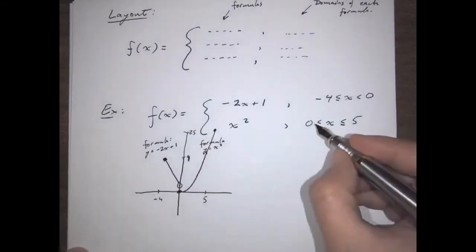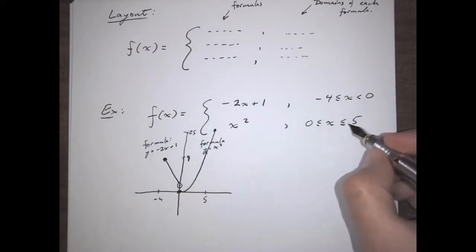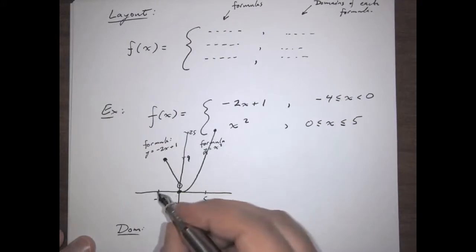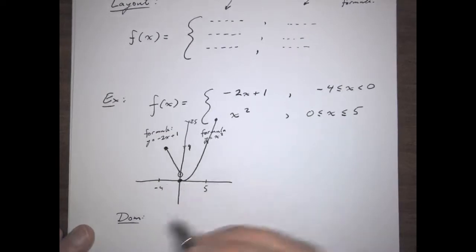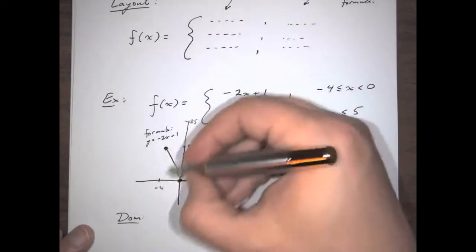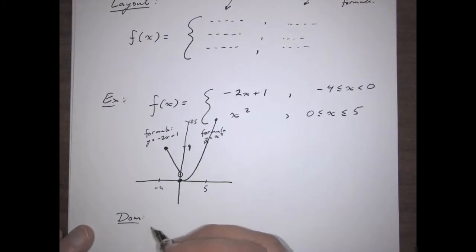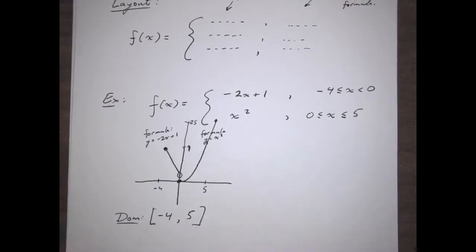Because the 0 was included on that formula, that's why it's filled in, and it goes up till 5. Now the domain of this particular function goes from negative 4 all the way to 5, and everywhere between those there's a part of the graph. The graph goes from an x value of negative 4 to an x value of 5, and it is completely full between them. So from negative 4 to 5, it's all included.